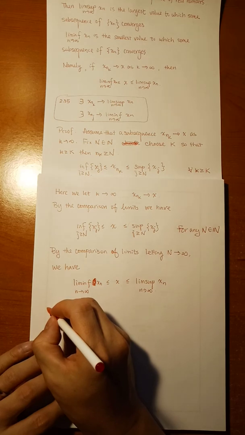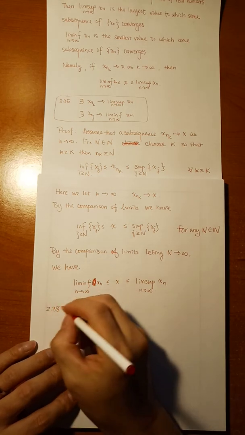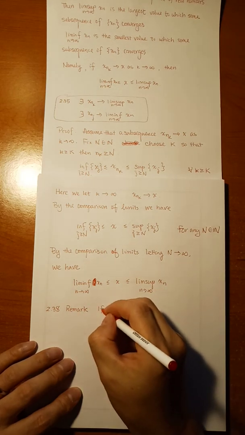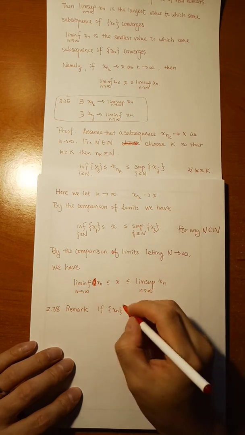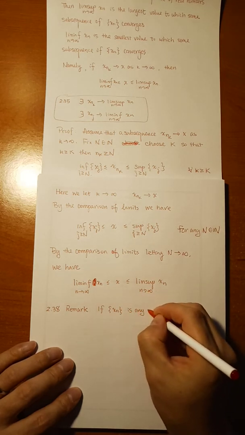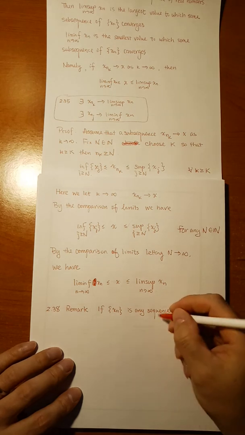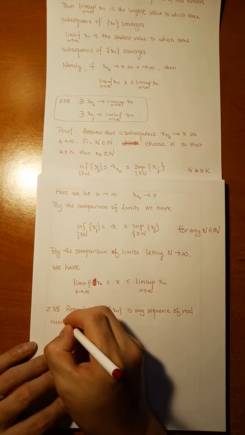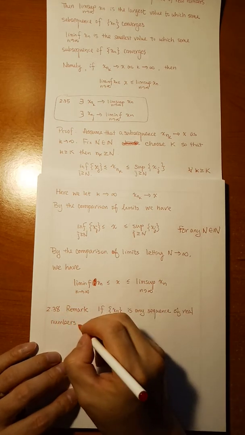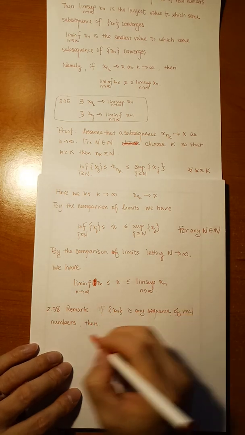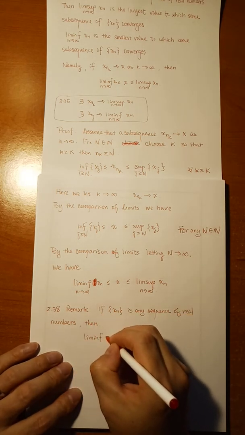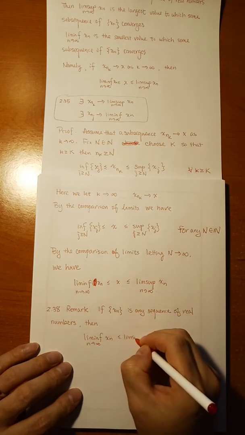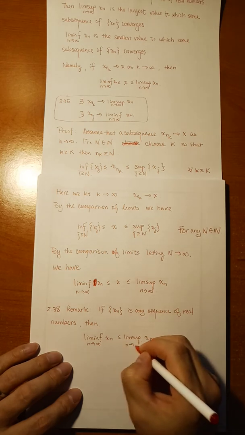The simple remark is that if xn is any sequence of real numbers, then the lim inf of xn as n approaches infinity is always less than or equal to the lim sup of xn as n approaches infinity.